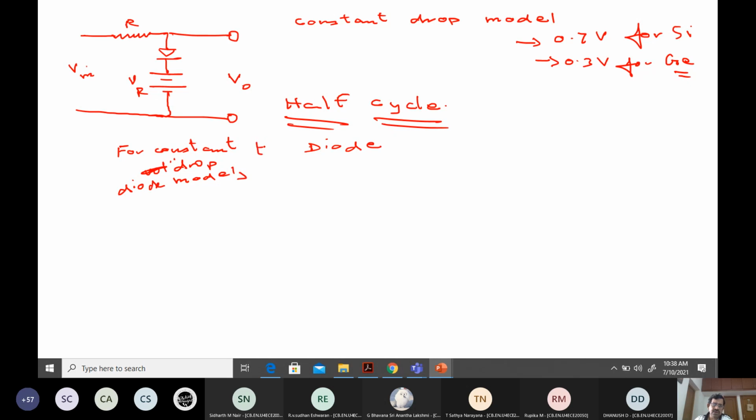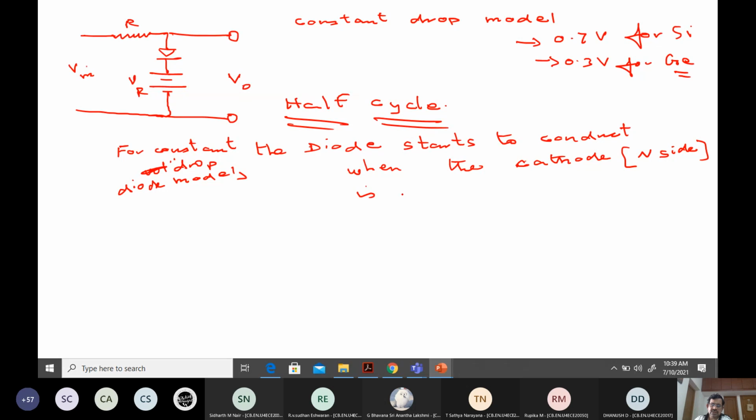The diode starts to conduct when the cathode, that is the N side, is negative, more negative with respect to the anode, that is the P side.